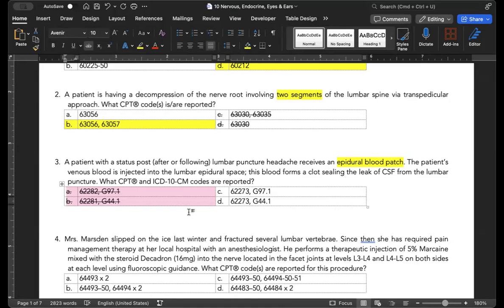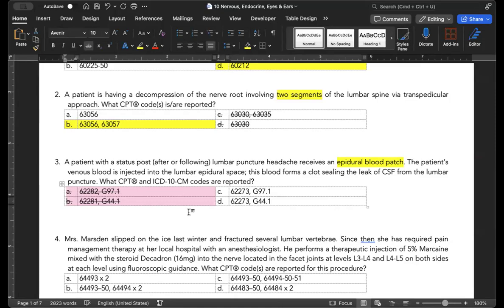And our inclusion notes are headache due to lumbar puncture or other reaction due to a lumbar puncture. And then G44.1, that is just a vascular headache.